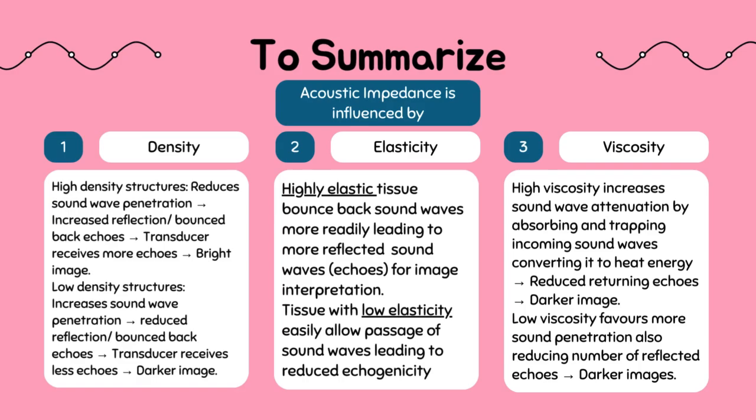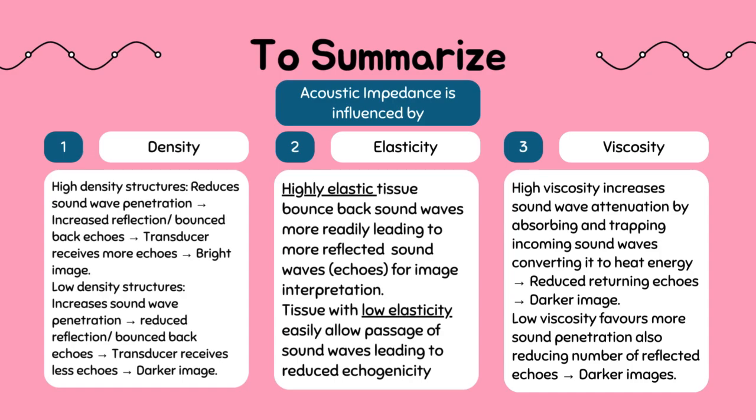A highly elastic tissue will bounce back sound waves more readily, leading to more reflected echoes for image generation and interpretation. While tissues with low elasticity will easily allow passage of sound waves, leading to reduced echogenicity.